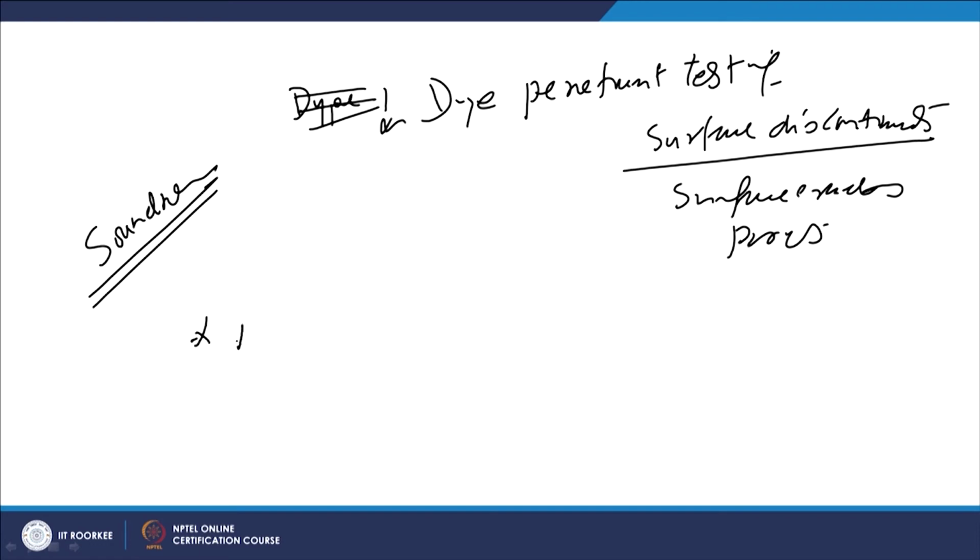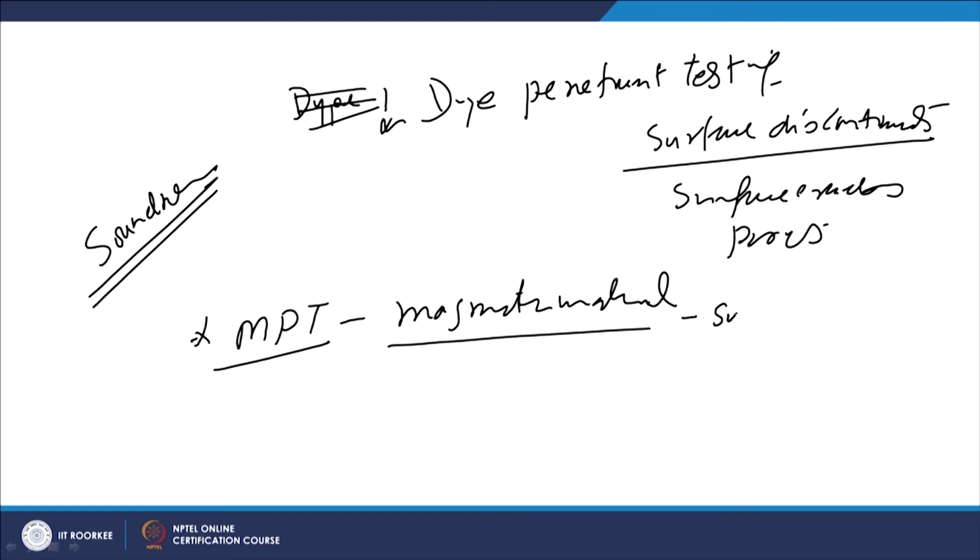Then we have the magnetic particle test. Magnetic particle test is primarily used for magnetic materials to assess both surface defects and subsurface defects, but these are not very deep.